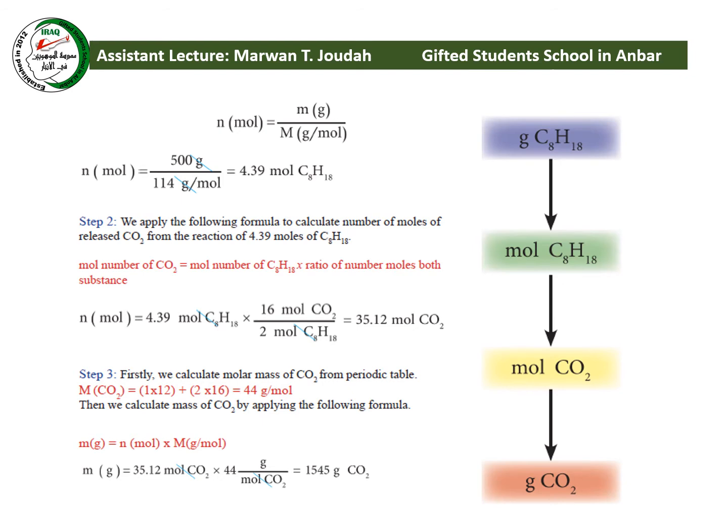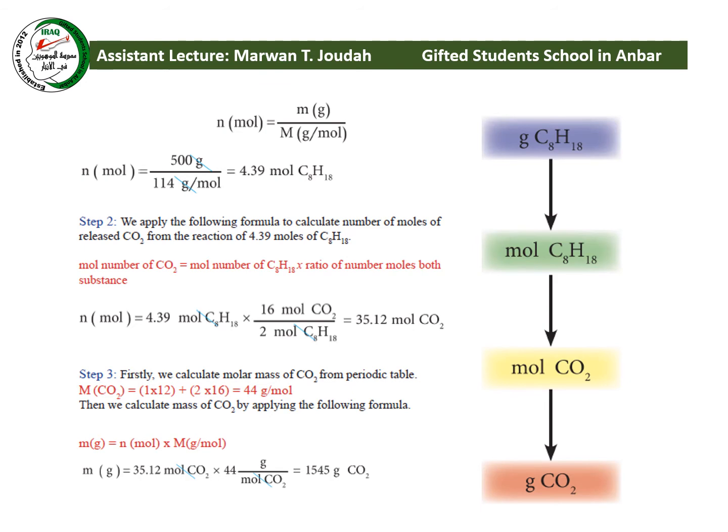However, as we mentioned in the previous slide, we do have a law that shows how we can find the number of moles of a substance using the number of moles of another substance.